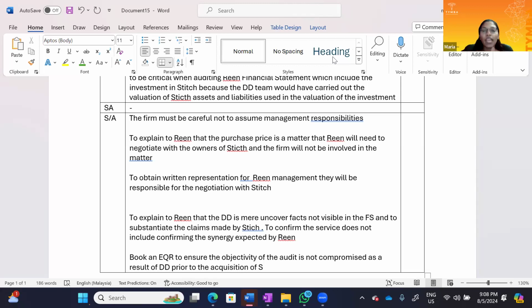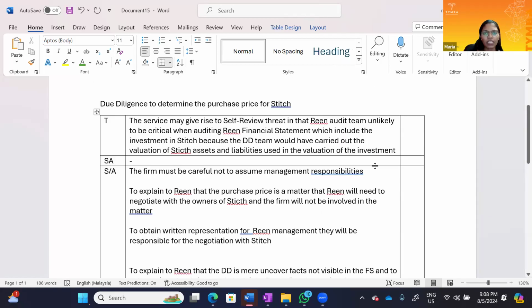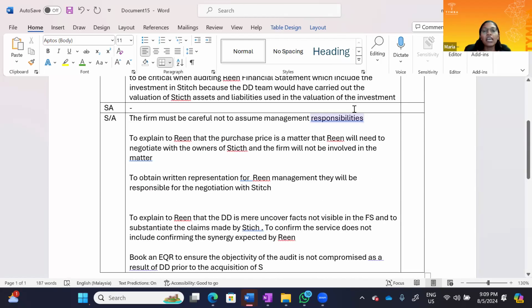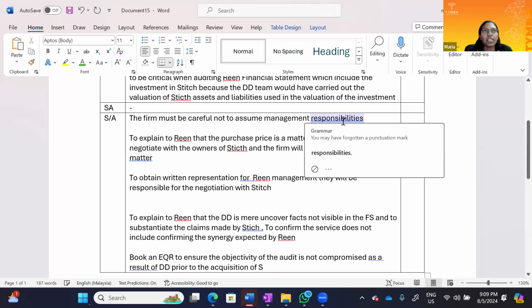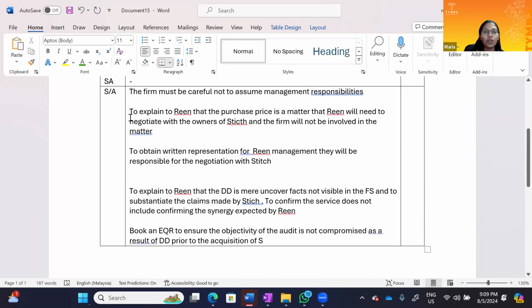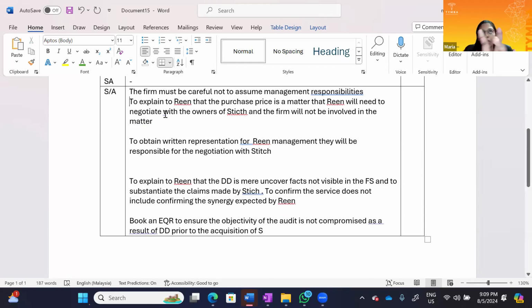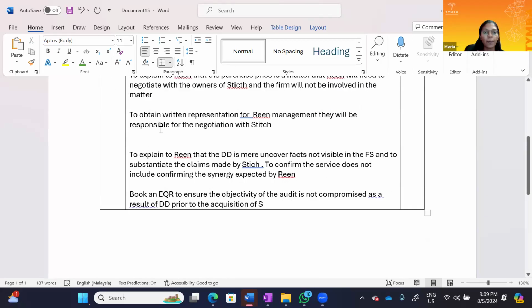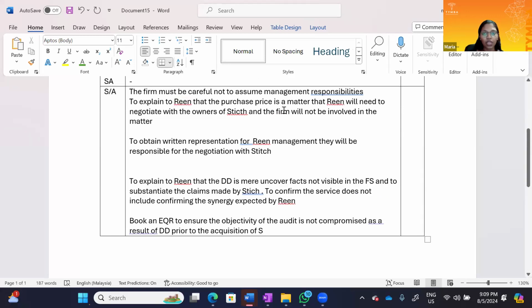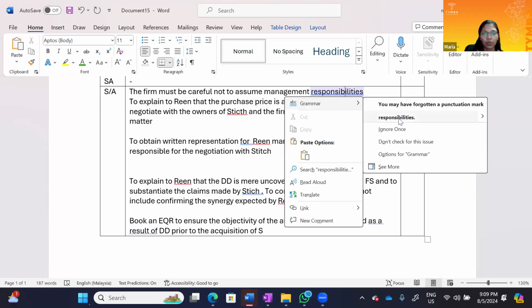Now you look at it and you may think, do I write so much for this one particular situation? For the threat, you will get 1 mark. For every single well-explained safeguard or action, you will get 1 mark.